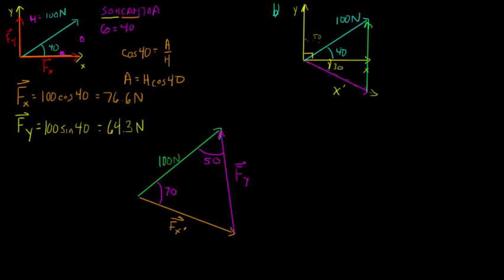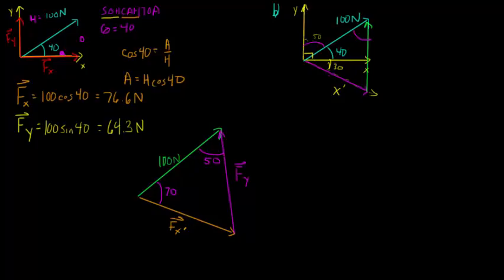This y-axis and this y vector I'm looking for are both completely vertical, so they're parallel to each other. And this 100 Newton resultant force intersects both of these parallel lines. So we know that these interior angles right here are going to be equal to each other.